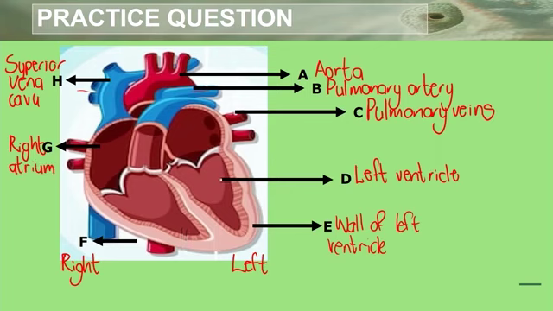And then F points to the aorta again. The aorta is the main artery. It splits going to different parts of the body, and then it appears there at the back again. So F is also the aorta.